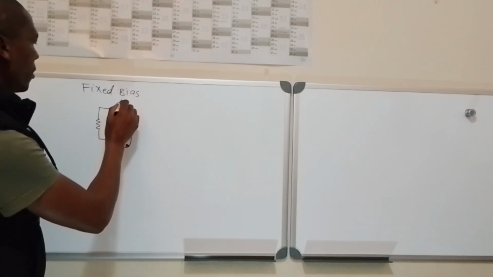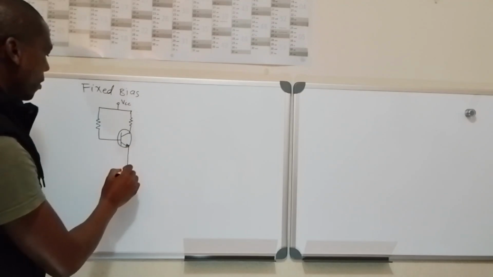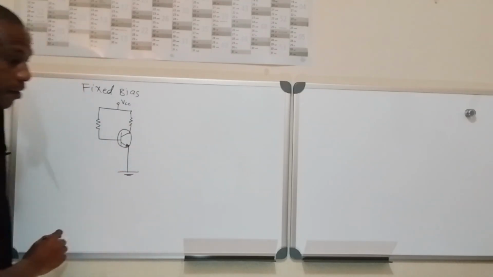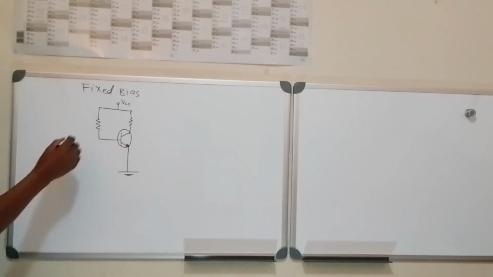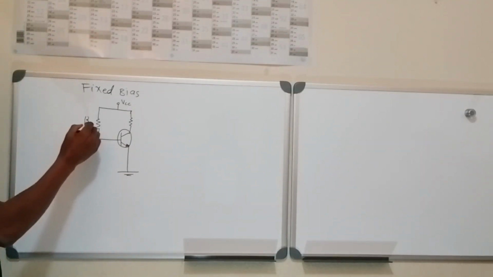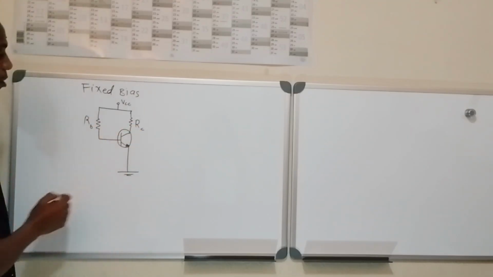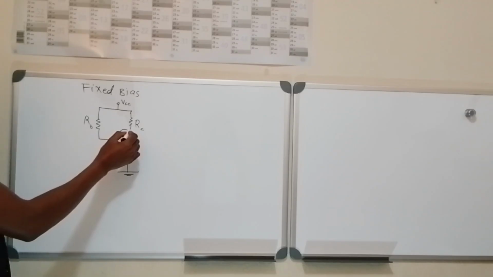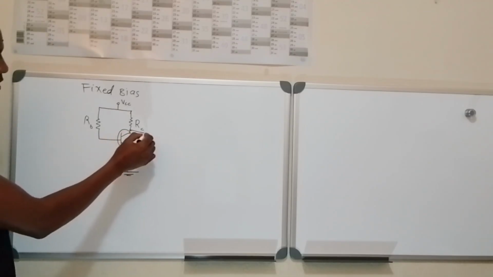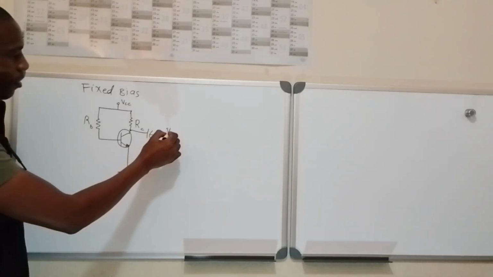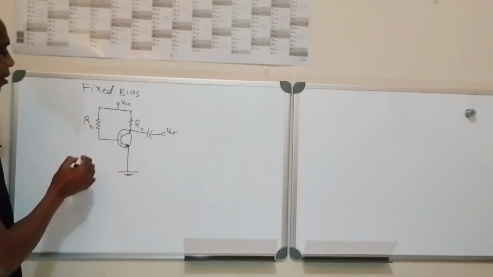The supply voltage or the battery will be connected here, and you're going to call it VCC. Ne? This is RB or the base resistor. This is RC, the collector resistor. You're going to take your output to the next circuit here. Ne? This is V out or the output voltage.